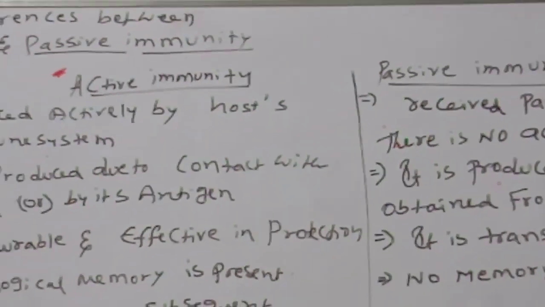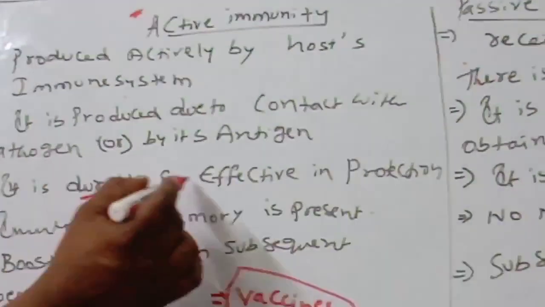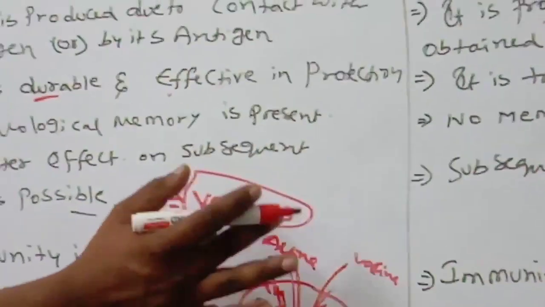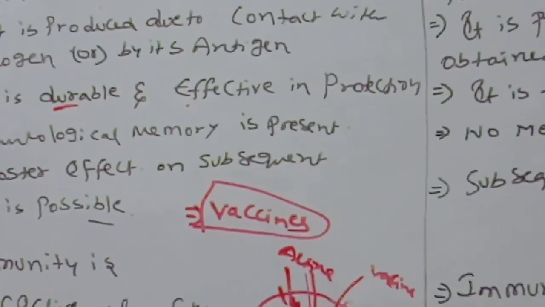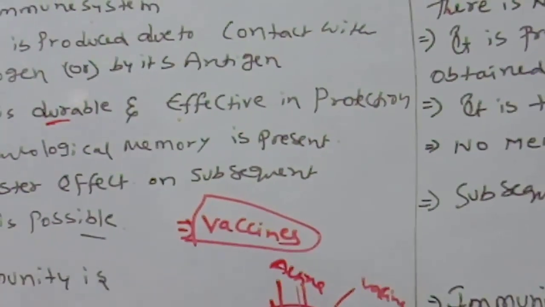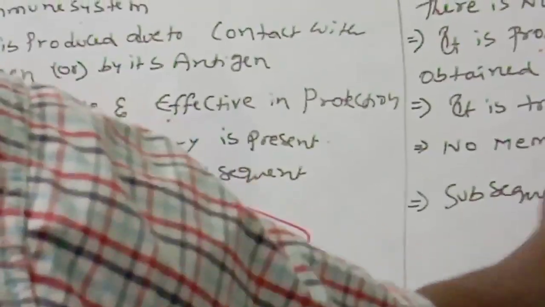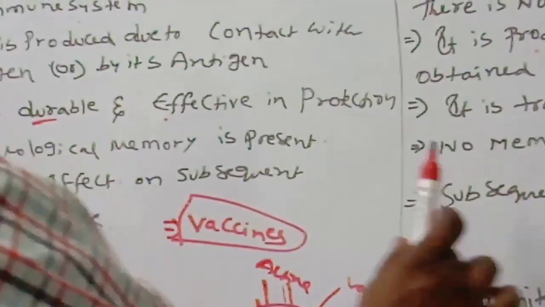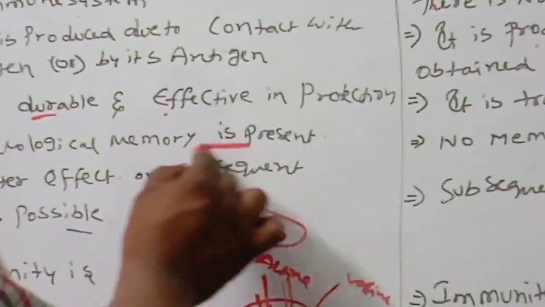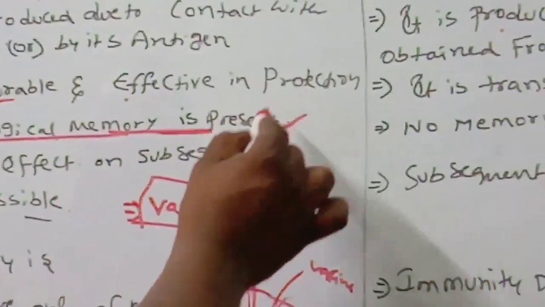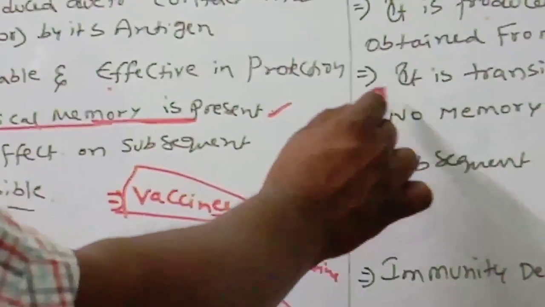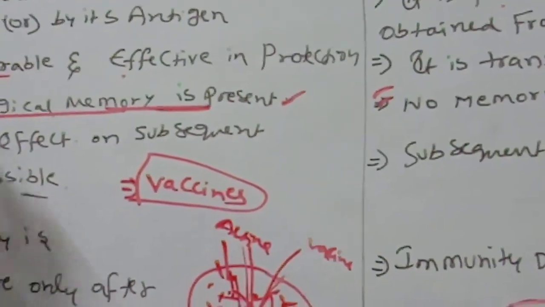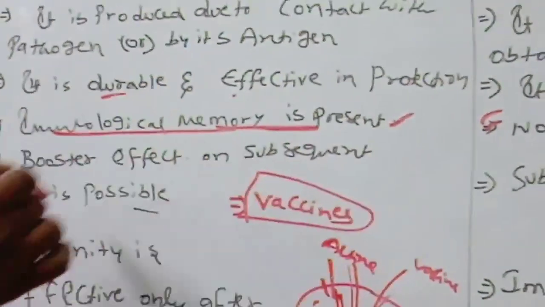Active immunity is durable and effective in protection. It is very effective to control the disease, but passive immunity is transient and less effective, not that effective. And memory is present in active immunity, so it can remember that pathogen and kill it. But in passive immunity there is no memory.